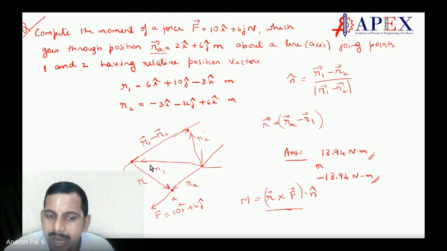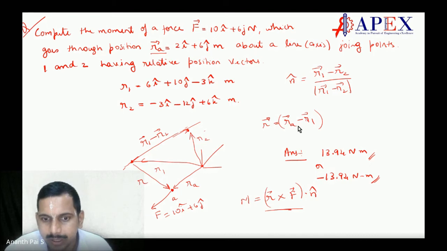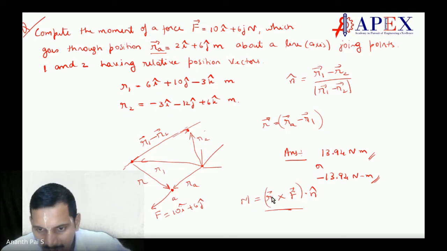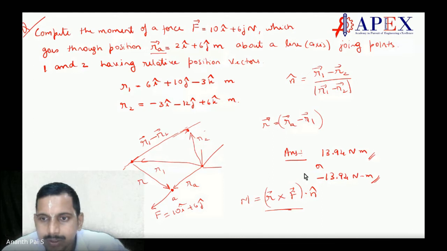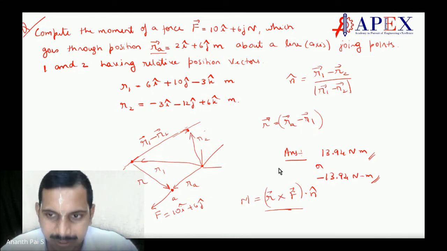I have taken r1 now. So what would r be? r would be ra minus r1. So you take this r, cross with f, which is given acting at that point, dotted with n. Make sense?